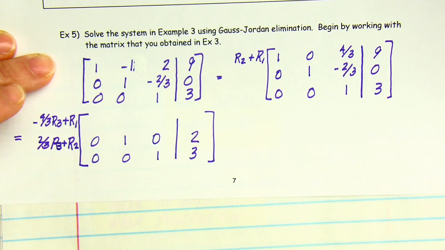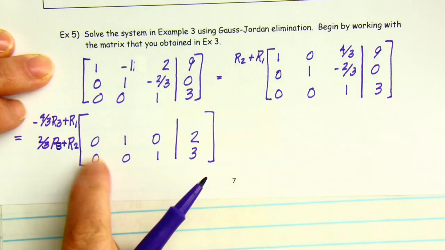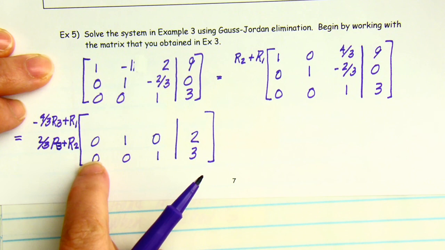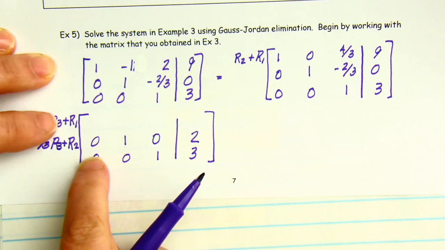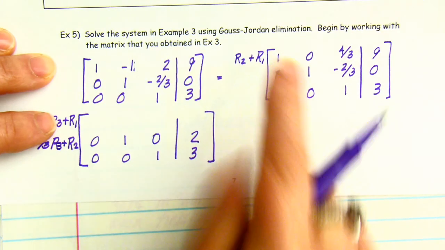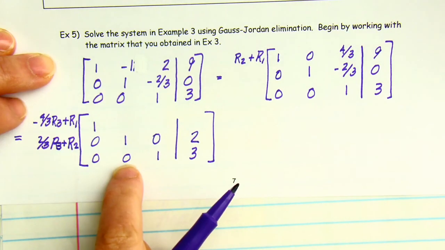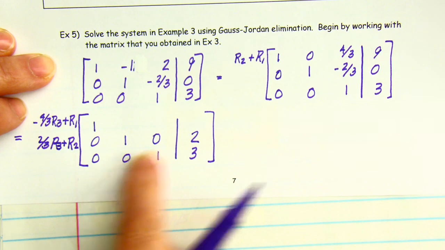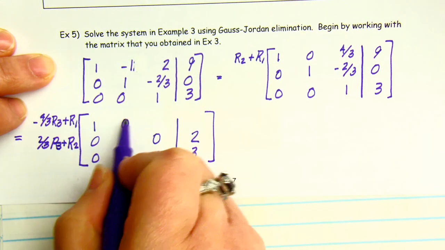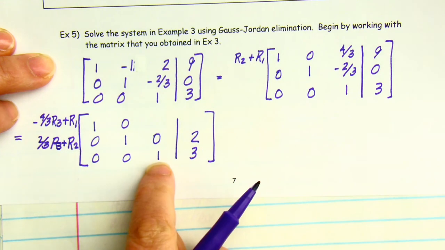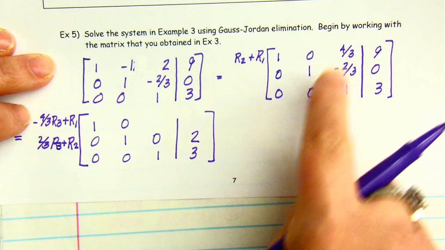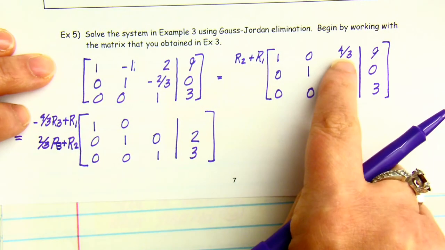Do the same thing here. -4/3 times row 3. That's 0 plus row 1 is 1. -4/3 times the entry in row 3 is 0, plus the entry in row 1 is 0. -4/3 times 1 is -4/3, plus 4/3 is 0.